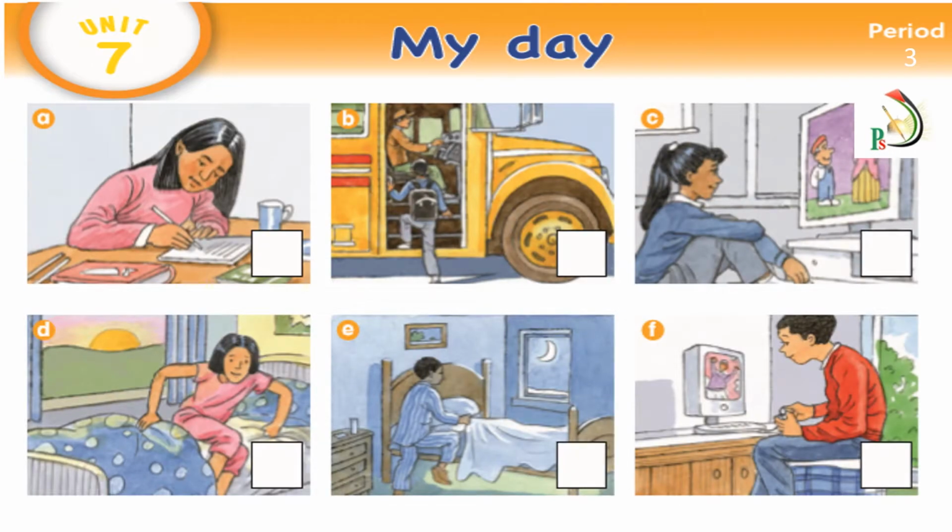Now, my students, we are going to ask our friends Amal and Bilal about what they do every day and when they do these things. Please listen and draw in the boxes morning, afternoon, evening or night.